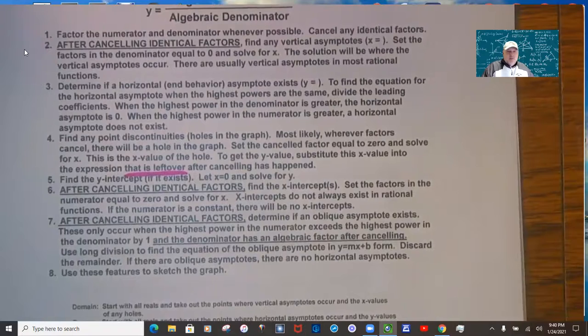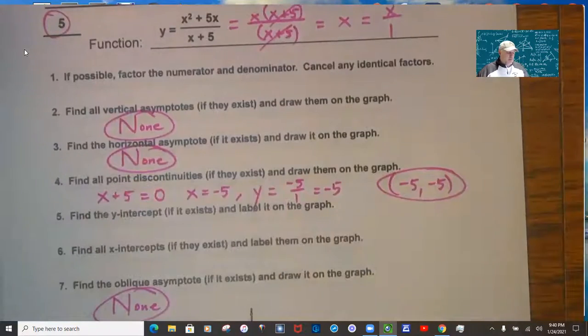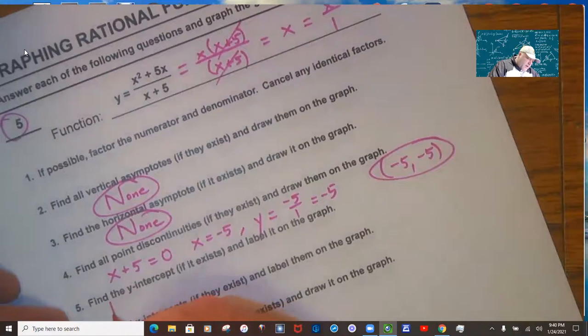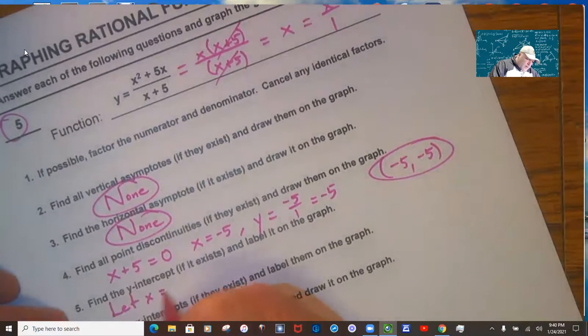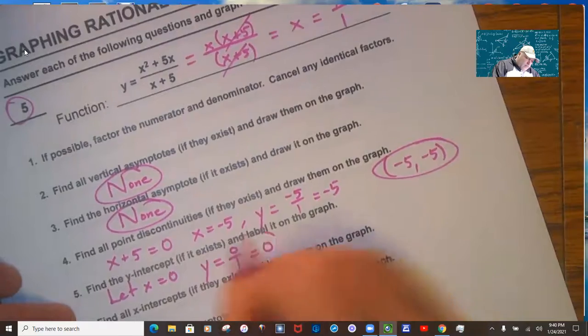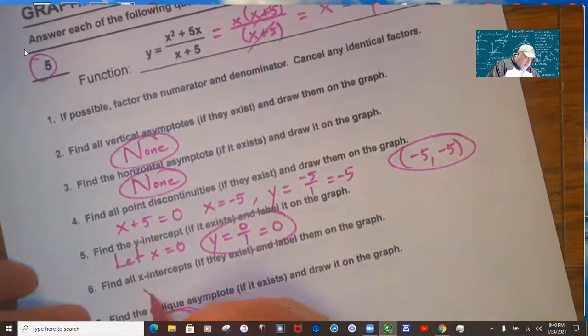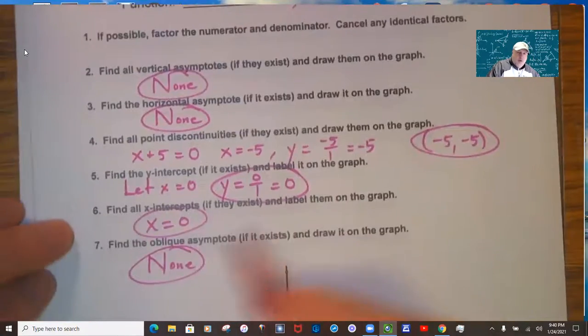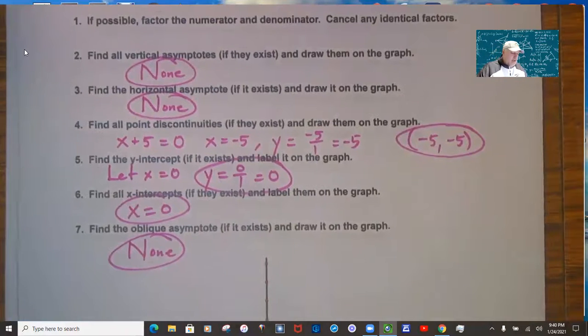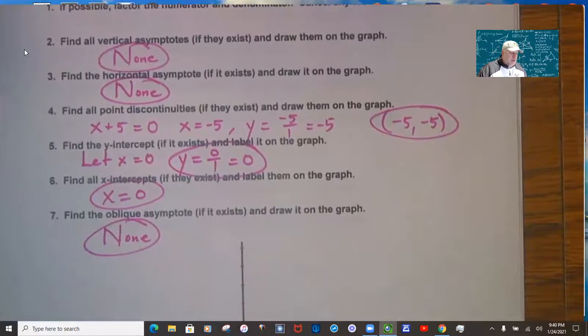Okay, so on and so forth. Read up. It matches the list perfectly. Okay, so let x be 0, and you're going to get y equals 0. Which also means that they're both, when one happens, the other is, because it's the origin. Okay, and that's basically all we need.